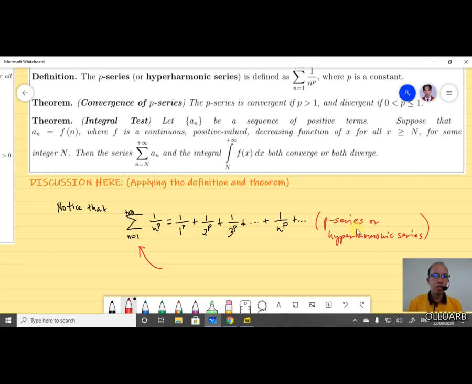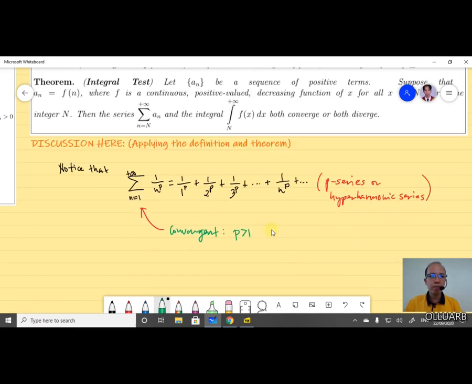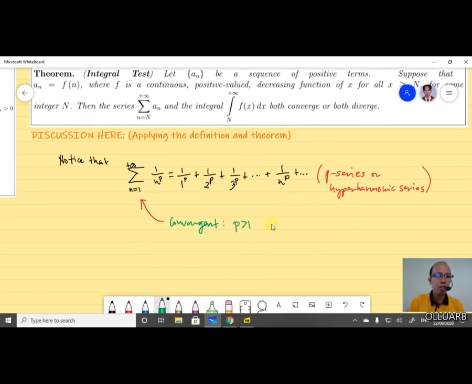Notice that this series is convergent if your p is greater than 1, and divergent if your p is between 0 and 1, including 1 but not 0.